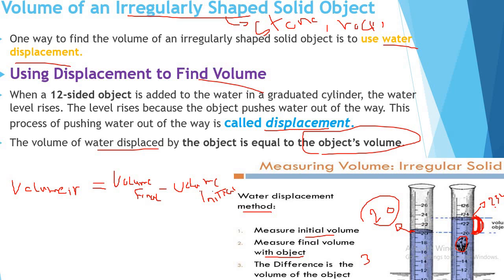The volume of water displaced by the object is equal to the object volume. So here, volume final 23 minus volume initial 20, so the volume of the object is 3.